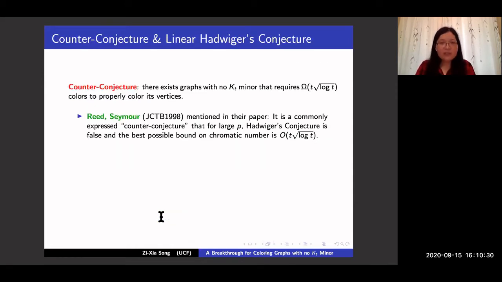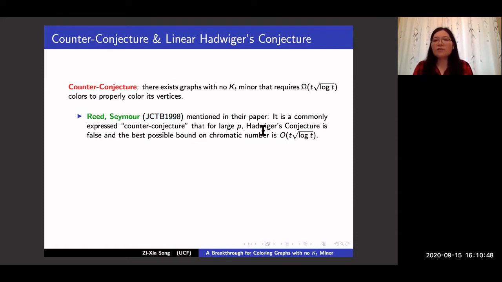In the literature, as mentioned in Bruce Reed and Paul Seymour's paper, I have this paper listed in this way just in case you are interested to read it, so it's easy for you to find the paper.